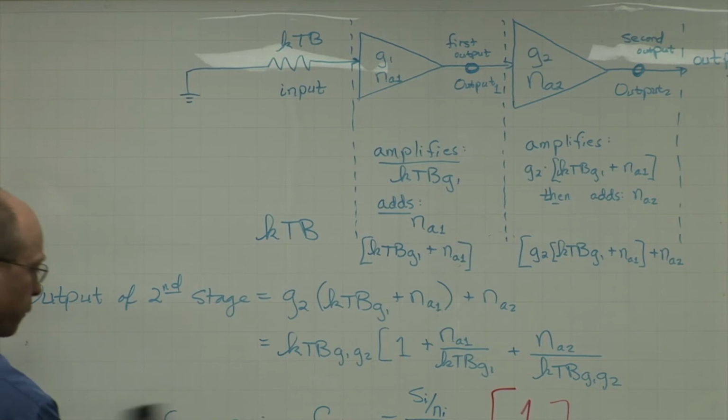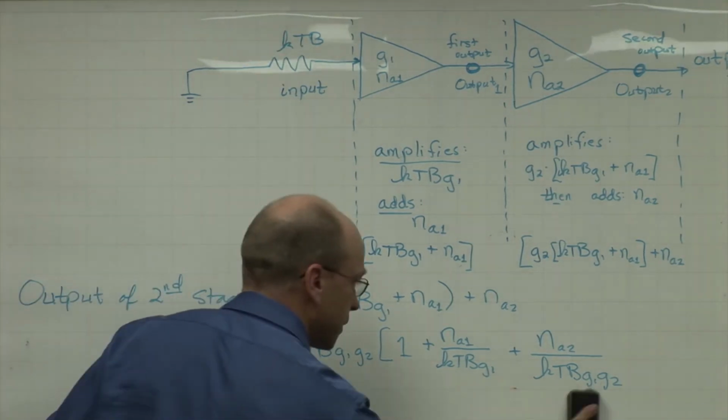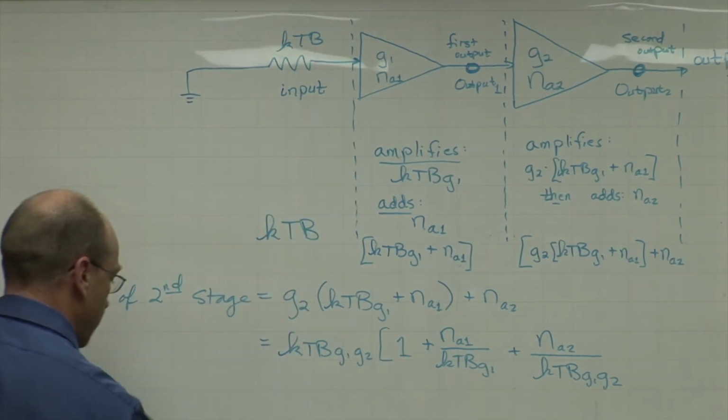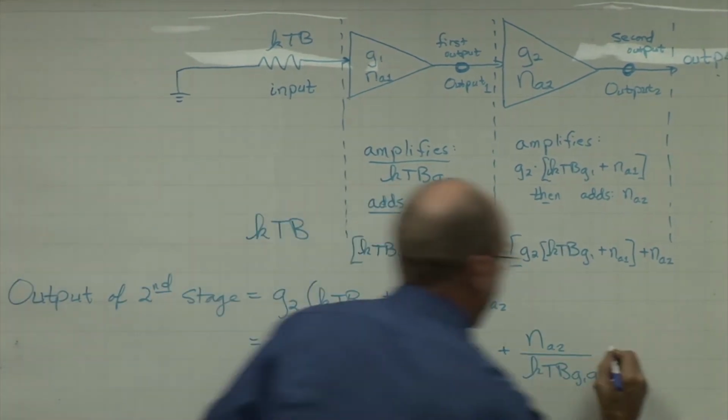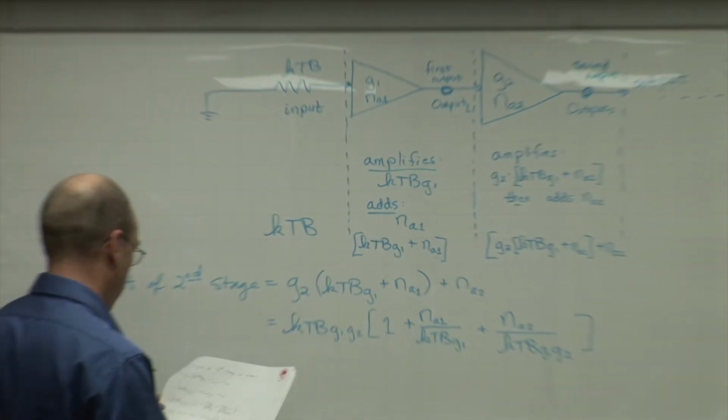Now I'm running out of room here, so I'll go ahead and erase these. I just want to keep them up there for a moment. All right. Bracket. Okay, like so.